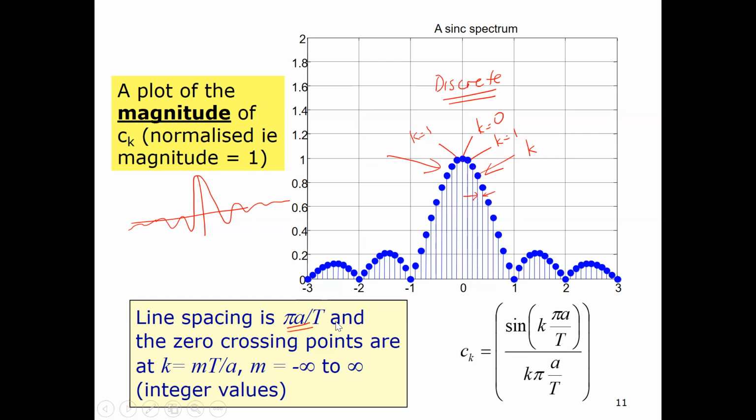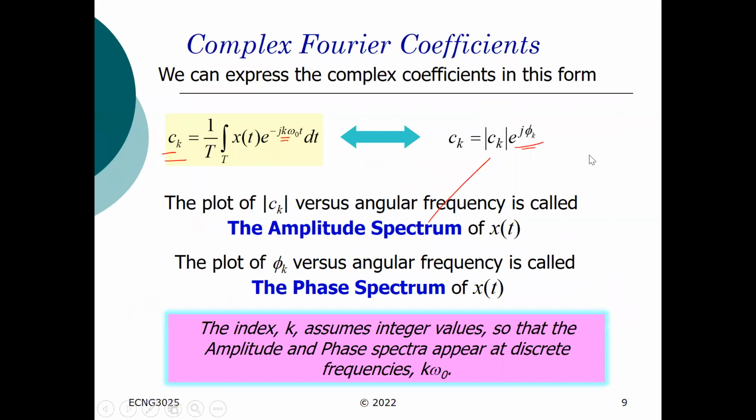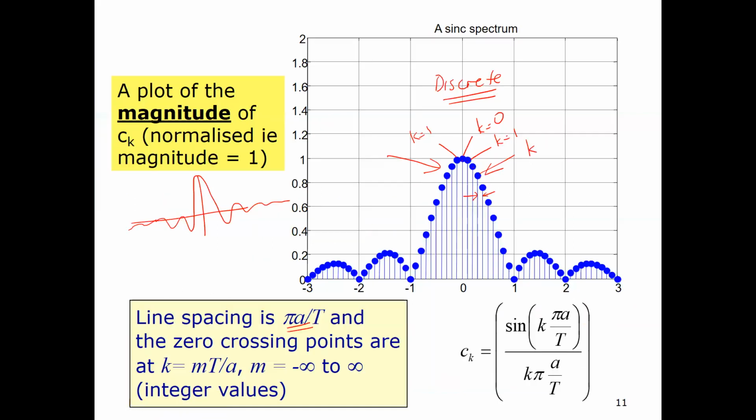Now notice what A is. A is the width of the pulse, T is the period. So the spacing is pi A over T apart. So you can see already, as A gets bigger, the spacing increases.